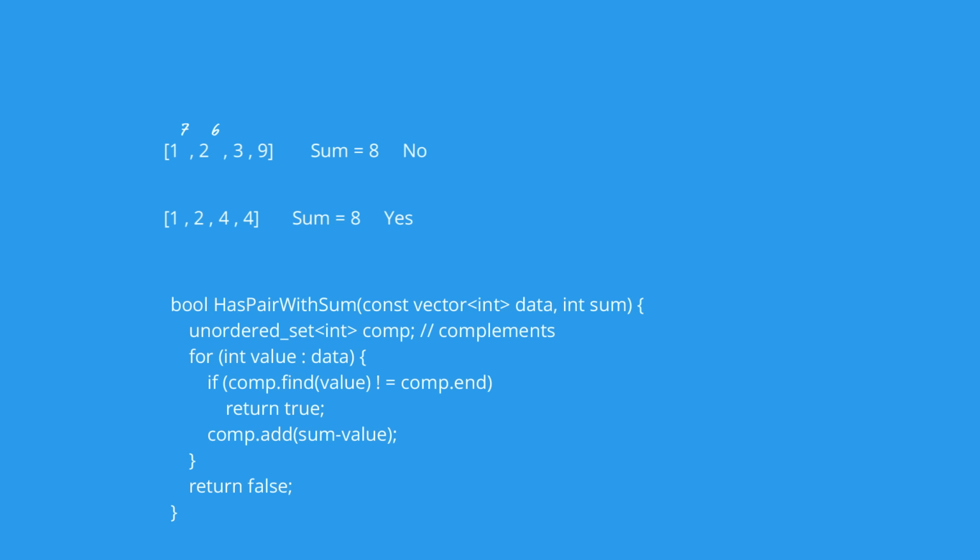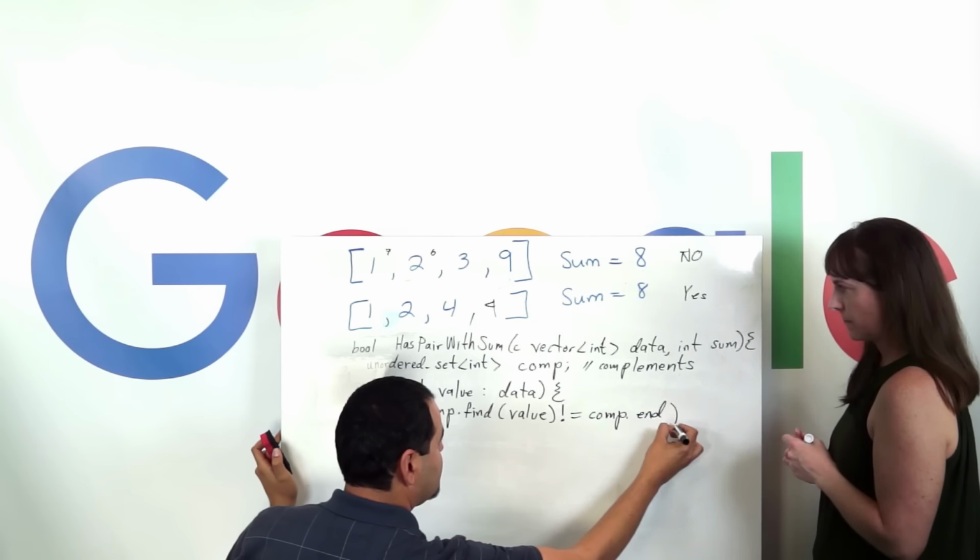So I do a for my int value for each of the values in the data. I am going to first check and then insert. So I check if I have seen my complement first, and if I have seen it, that's it.